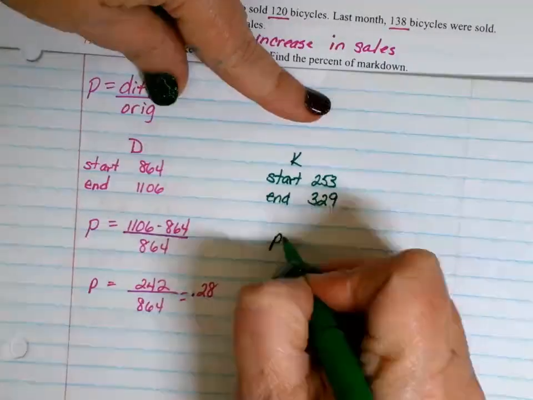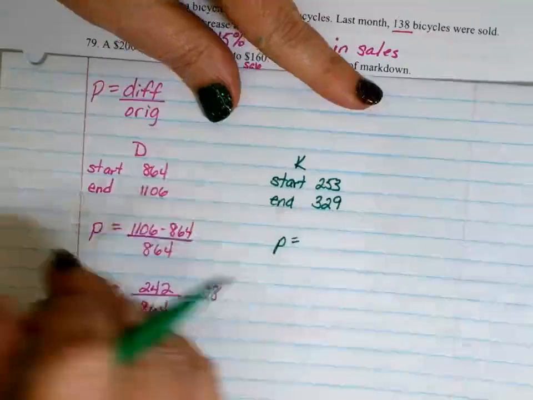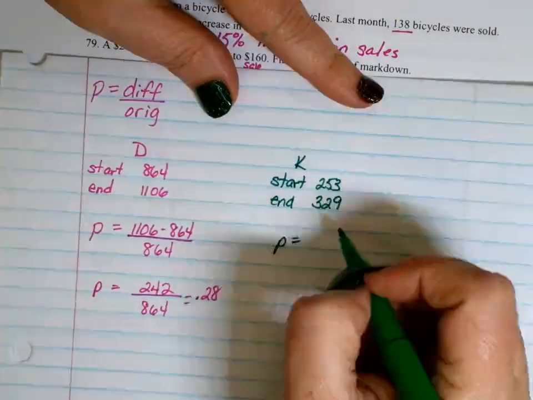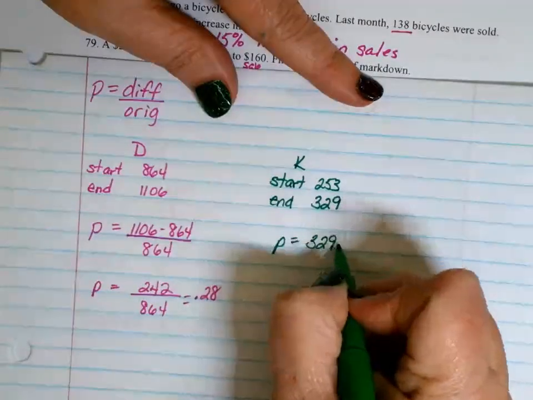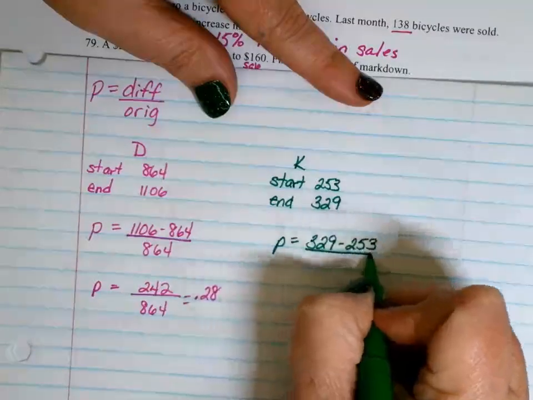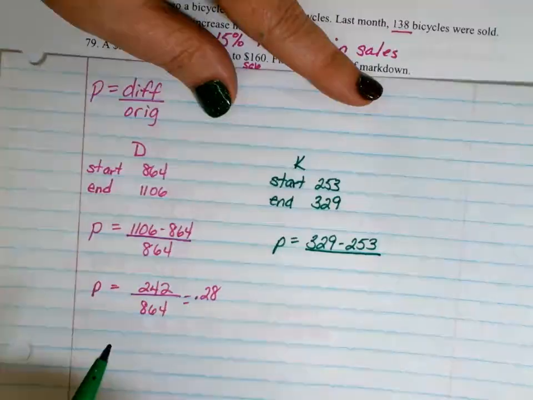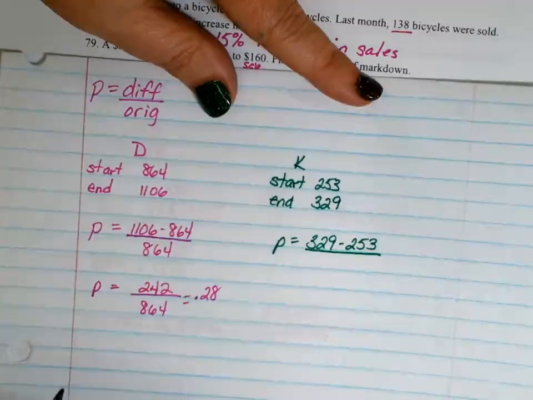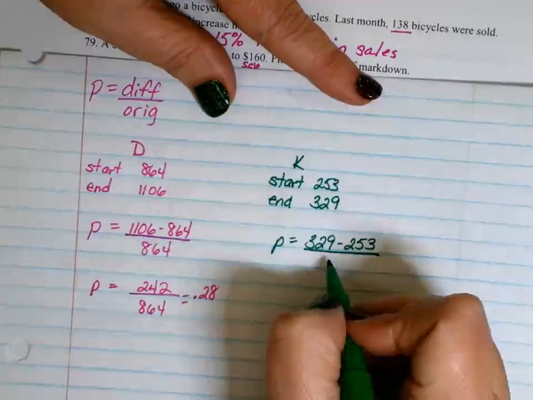Let's look at Keisha's again. So I have my percent equals, how am I going to find the difference? $329 minus $253. What am I dividing by? $253.